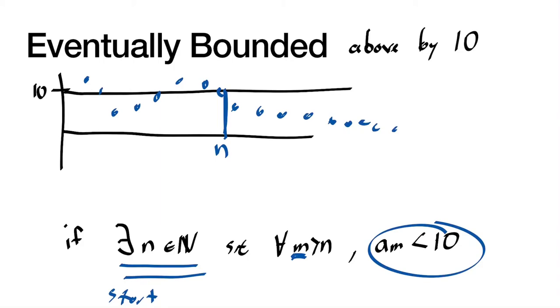Okay, let me make one quick point, and that is I want to make one slight change to this definition. It comes from the fact that we are saying a sequence a_n is eventually bounded. And there's a little bit of confusion in the fact that we have an n right here in our a_n, and then we have another n right here for this natural number.